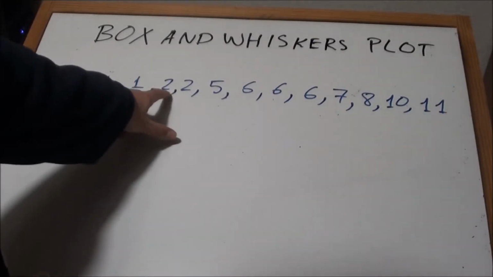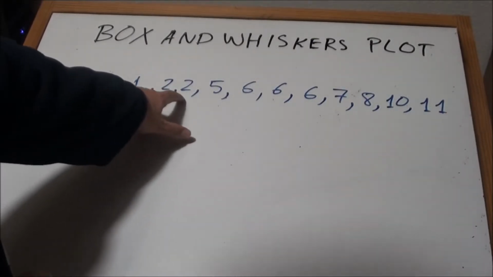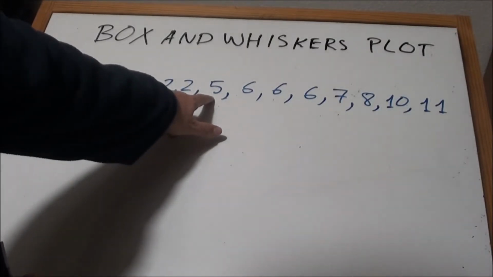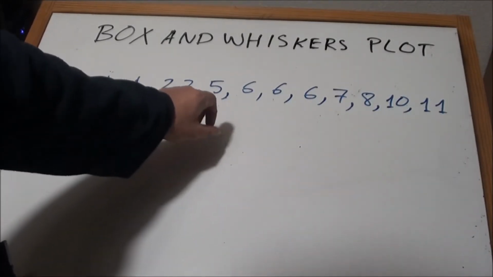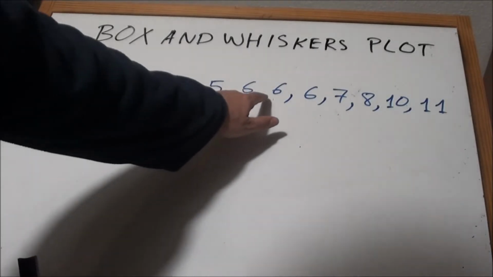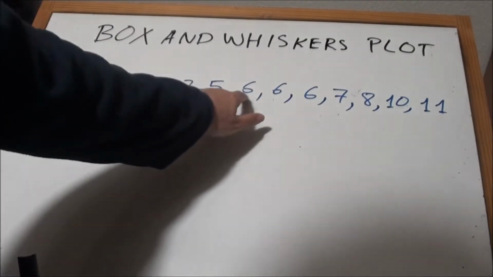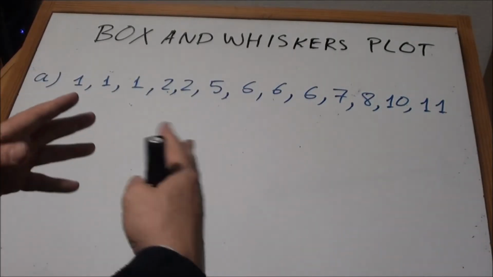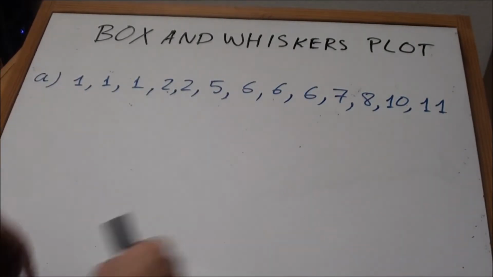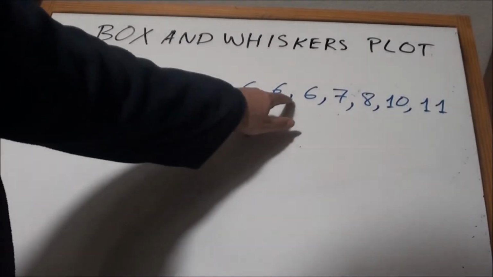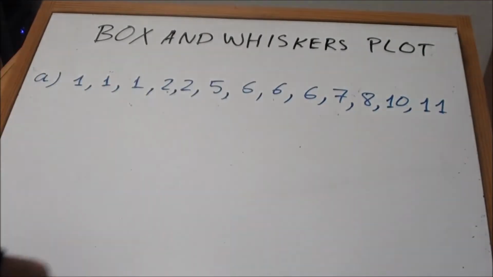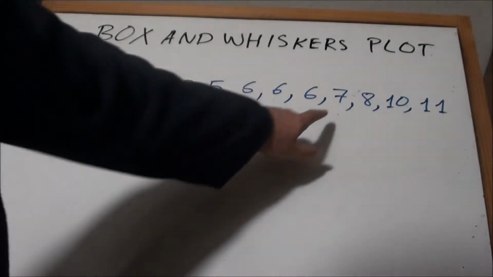We have 2 people here who went twice to the doctor. We have 1 person who went 5 times. We have here 3 people who went 6 times to the doctor. We are talking about a year. So these 3 people went 6 times to the doctor in 1 year.